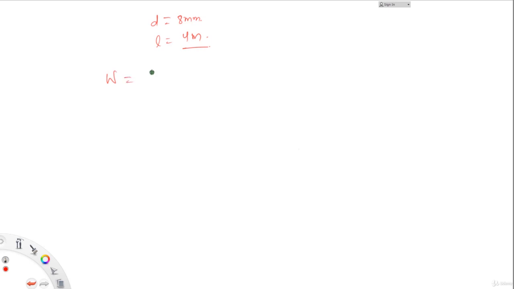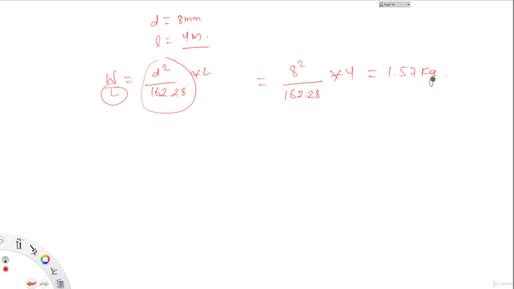Weight is equal to D square by 162.28 times L, because this formula is for W by L, and if you take L over here it will be times. So this is equal to 8 square divided by 162.28 times 4 meters. Making the calculations, this will be equal to 1.57 kg.